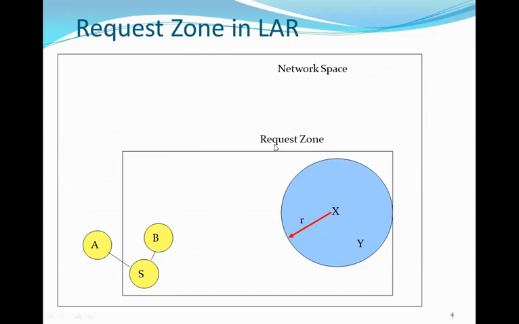So the request zone can be smaller than the network space. The maximum size of the request zone, or expected zone, is the network space, the overall network. So gradually you increase the size of the expected zone when you don't find the node inside the defined XYZ plane.